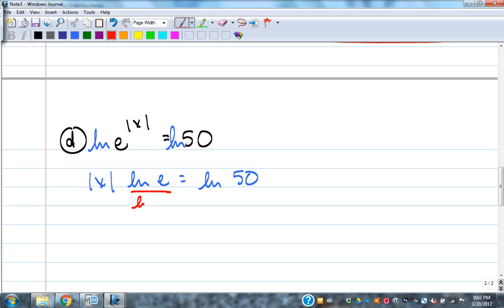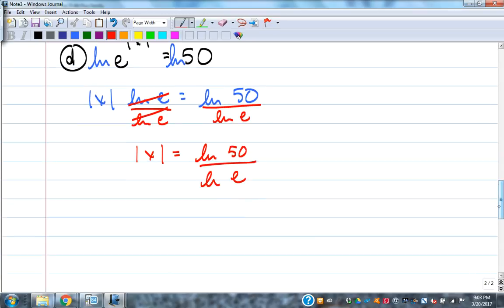That's right. So we have the absolute value of x is equal to natural log of 50 divided by natural log of e. And it's an absolute value problem.